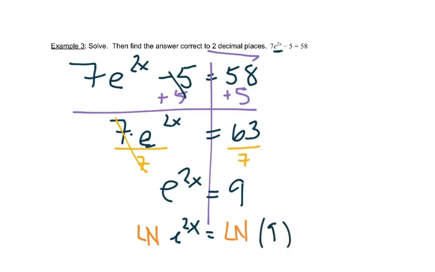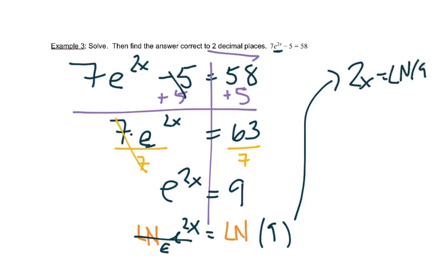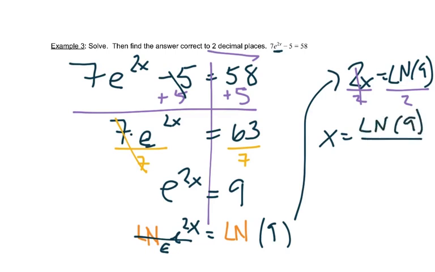And remember that ln really has a base of e, so this cancels out and we're left with 2x is equal to ln of 9. So we'll divide both sides by 2, and we get x is equal to ln of 9. Close the parentheses, because that 9 was with the ln before the 2 ever got there.